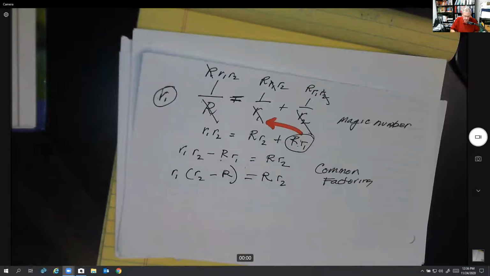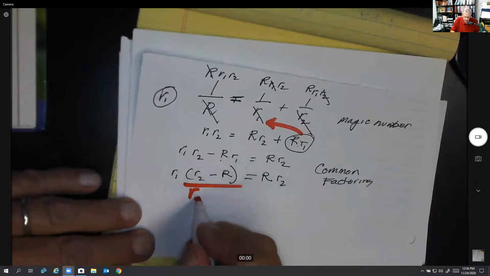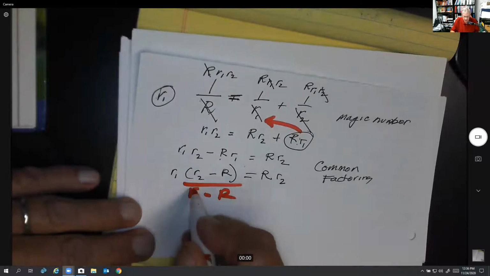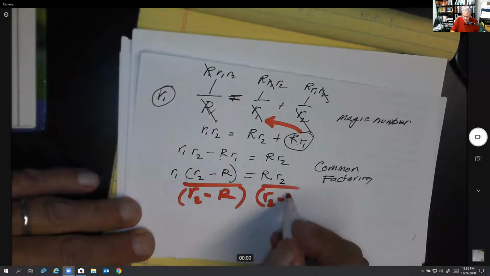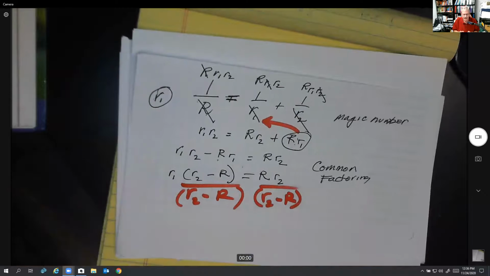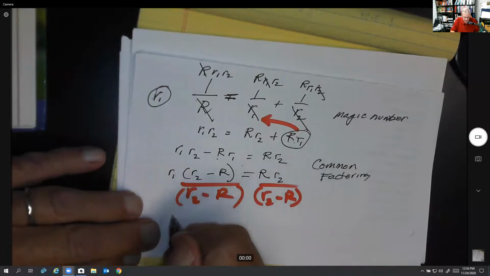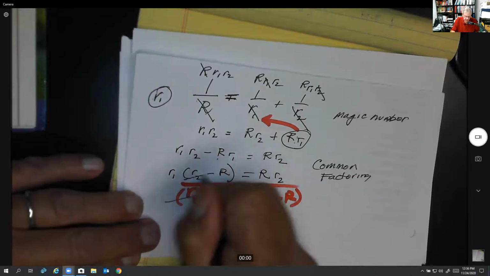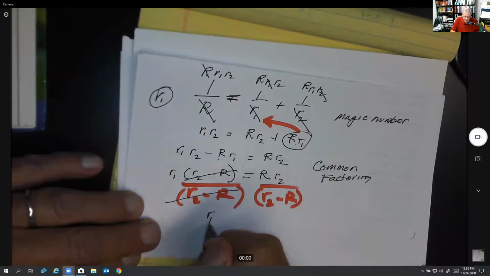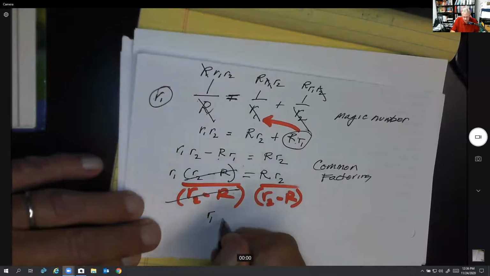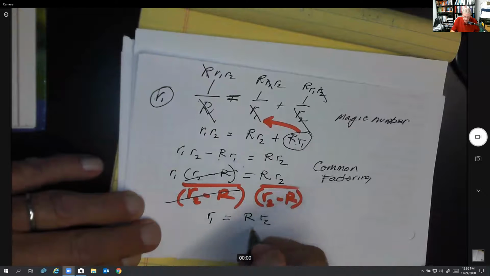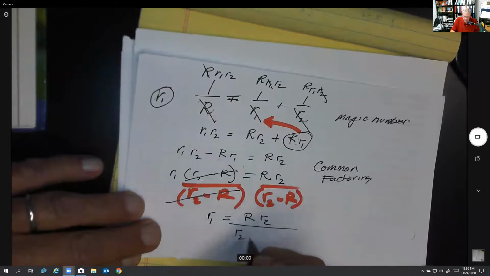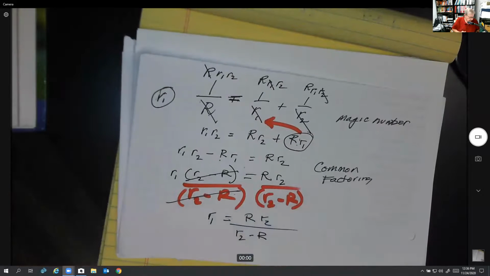So we're going to divide both sides by R2 minus R. And don't try to cancel anything. You know, the only way you can cancel is to factor, and these don't factor out very nice. So these do cancel off because they're exactly the same. But here, nothing cancels. R, R2, R2 minus R. And that's our answer.